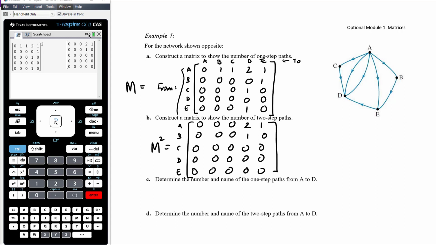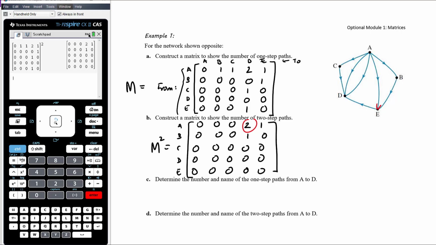Okay, so let's have a quick look at what this means. Particularly we've got a 2 here, going from A to D. So there are two two-step paths to get from A to D. And that would be to go via C, would be one of them. And the other one would be to go via E.